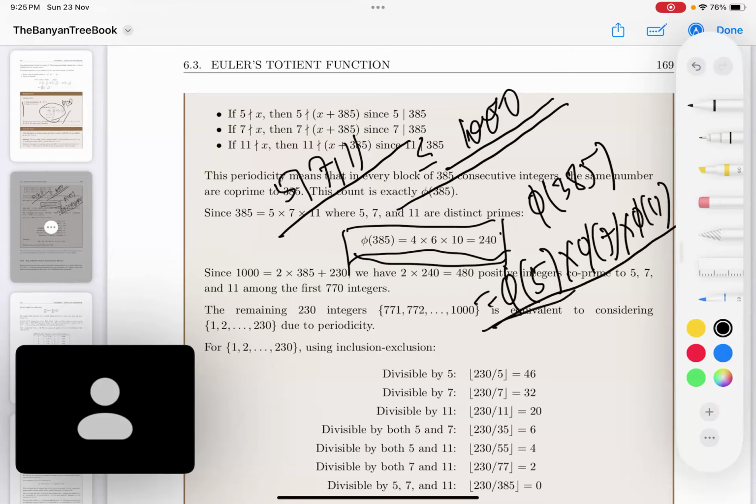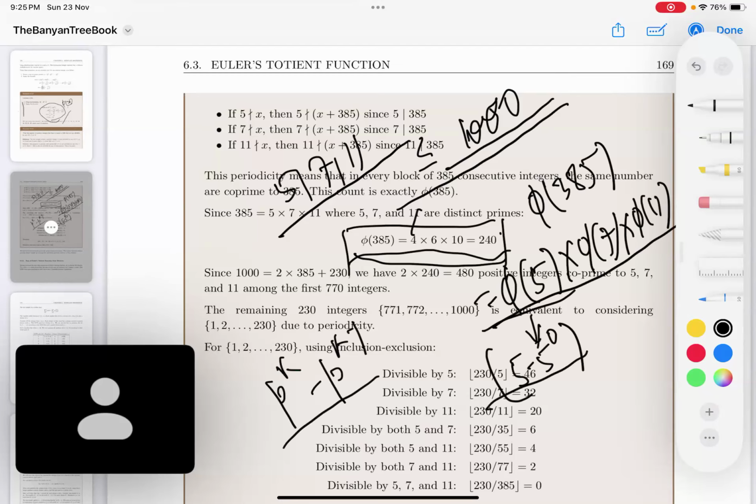But what is phi of 5? It is p to the power k minus p to the power k minus 1. So this is 4, 6, 10. This is 240. Clear? Yes.